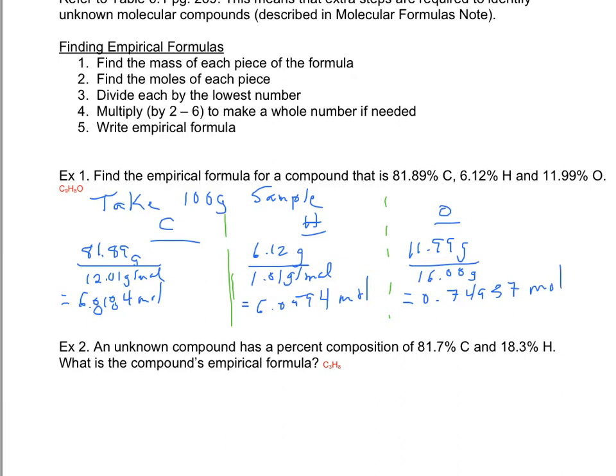Looking at these mole numbers, I now have the ratio of each element to each other. However, I don't have whole numbers. To manipulate them, I divide each of them by the lowest number that I calculated. That's going to be my oxygen value.